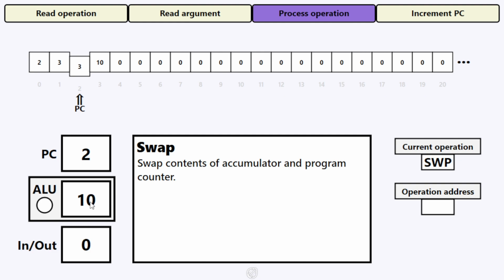And the accumulator contains a value of 10. Keep that in mind. Program counter 2, accumulator is 10. See that happening? That's what swap is doing. Swap is swapping the values of the program counter and the accumulator.